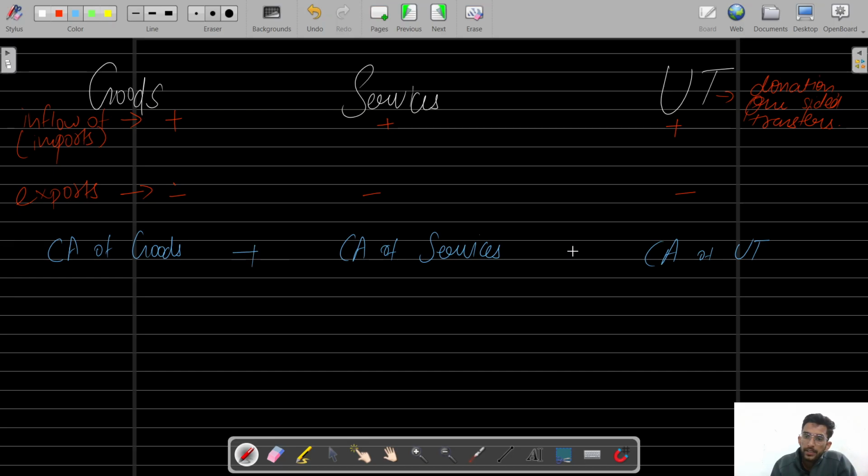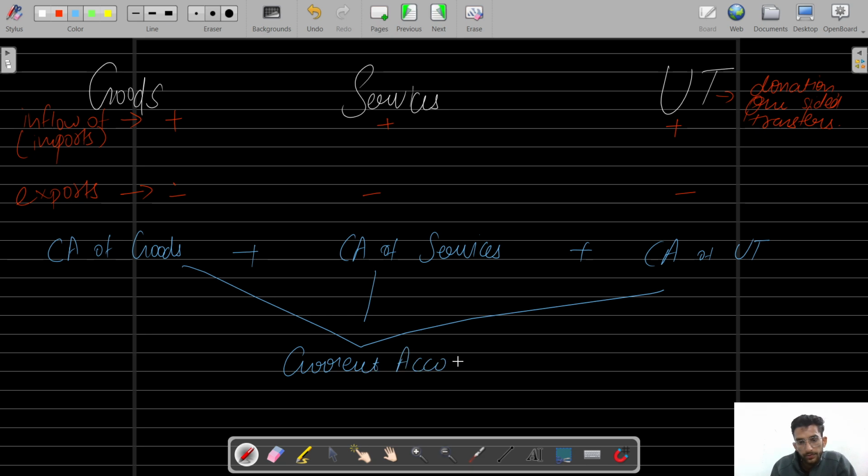Combining these three, here comes the aggregate current account. So we can talk about current account surplus and deficit.